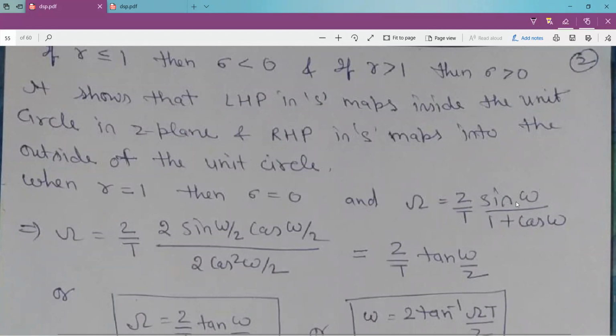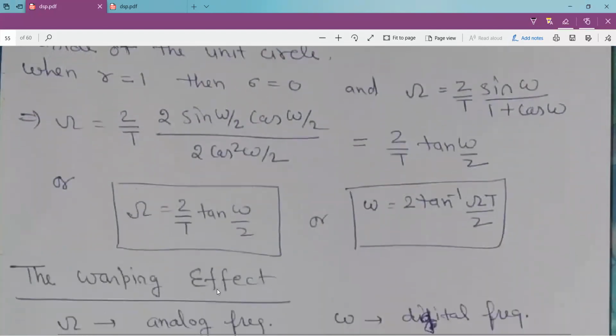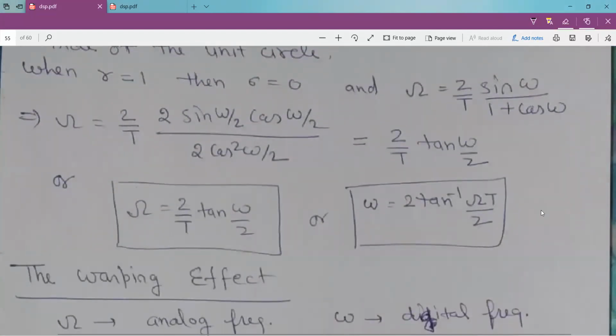When we break sin omega and cos omega into 2 sin omega by 2 cos omega by 2, and 1 plus cos omega can be written as 2 cos square omega by 2, after simplification we get another important relationship between the analog frequency and digital frequency, that is capital omega equal to 2 by T tan omega by 2, or it can be written as digital frequency equal to 2 tan inverse of (analog frequency times T by 2).